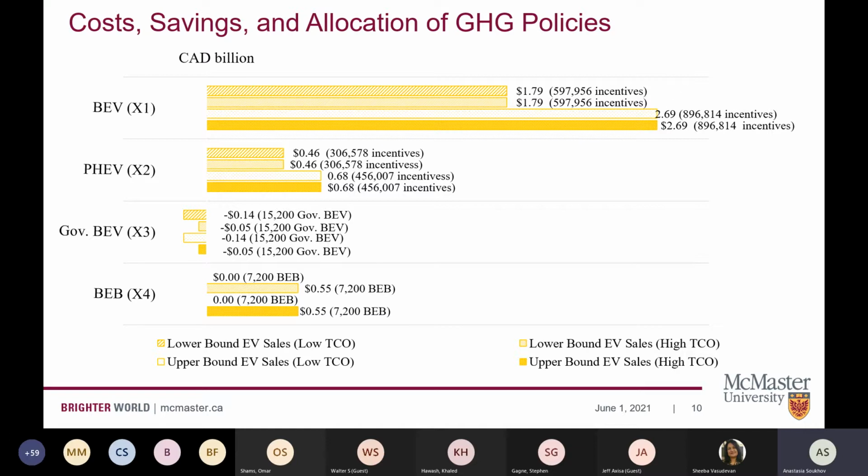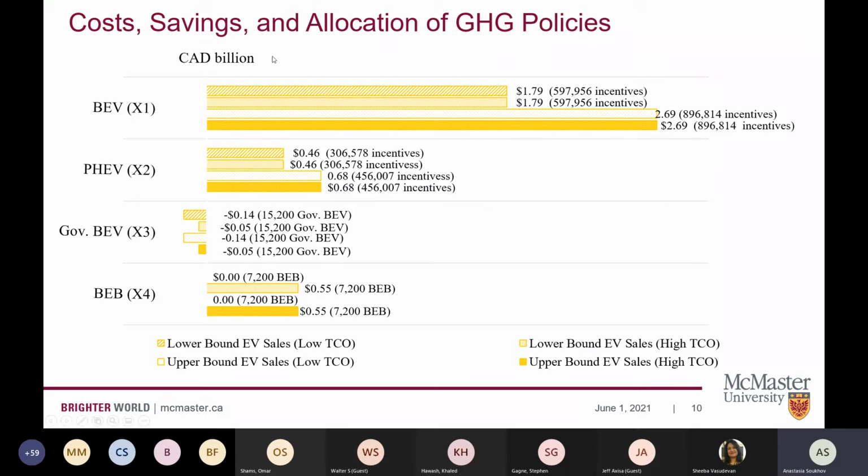So the BEV and PHEV policies, X1 and X2, are much more numerous, and the incentives doled out for the 10-year period are much larger than obviously the X3 and X4. And again, those policies correspond to how many government vehicles are on the road that can even be replaced.